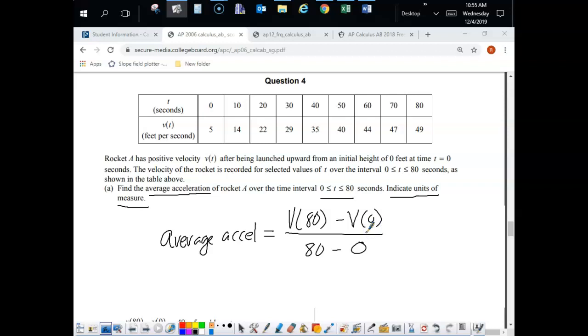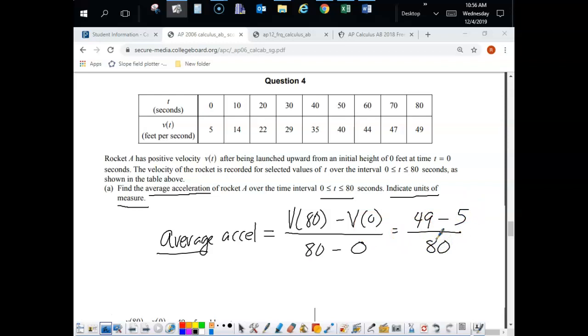Now, since it's asking for an average, we're not going to do derivatives. We're going to do a regular old slope. So we have v of 80. You can tell from the table, when t equals 80 seconds, it's 49. And v of 0 is 5. And 80 minus 0 is 80.